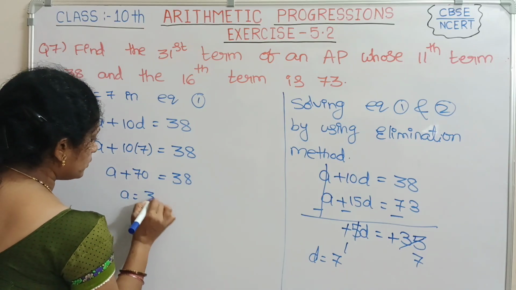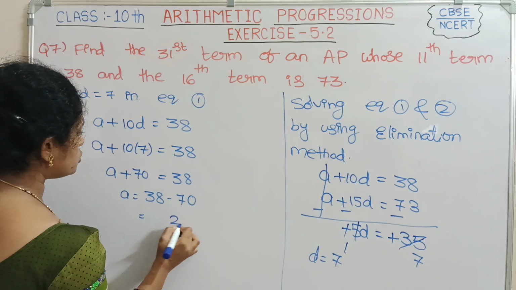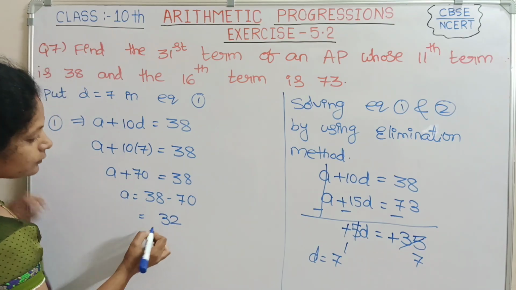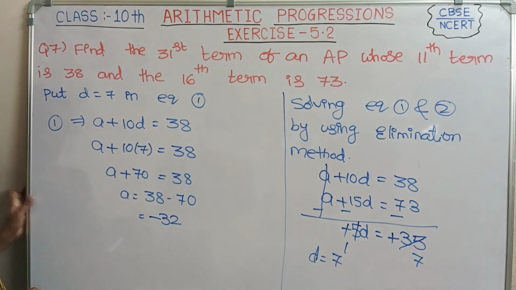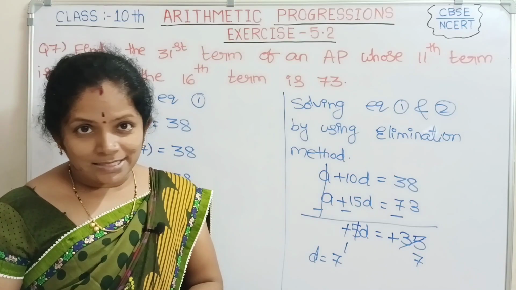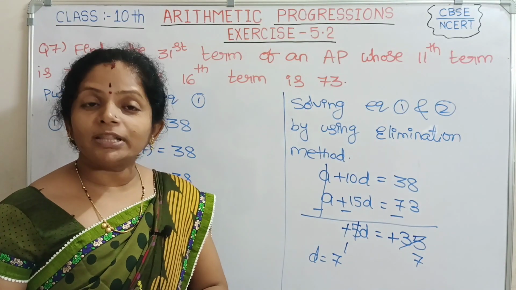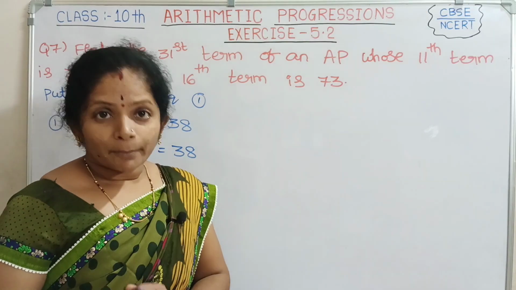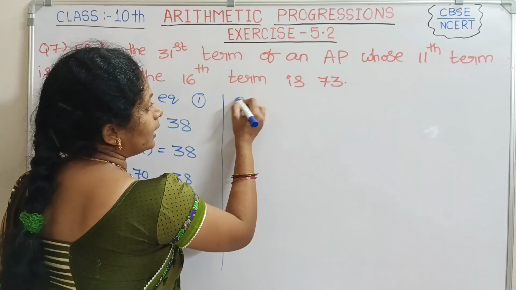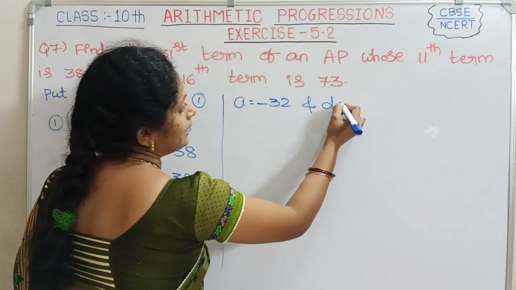A is equal to 38 minus 70. We'll get minus 32. Now we have A and D. It's easy to get the 31st term of this AP with the help of the formula. By solving these two equations, we have A is equal to minus 32 and D is equal to 7.